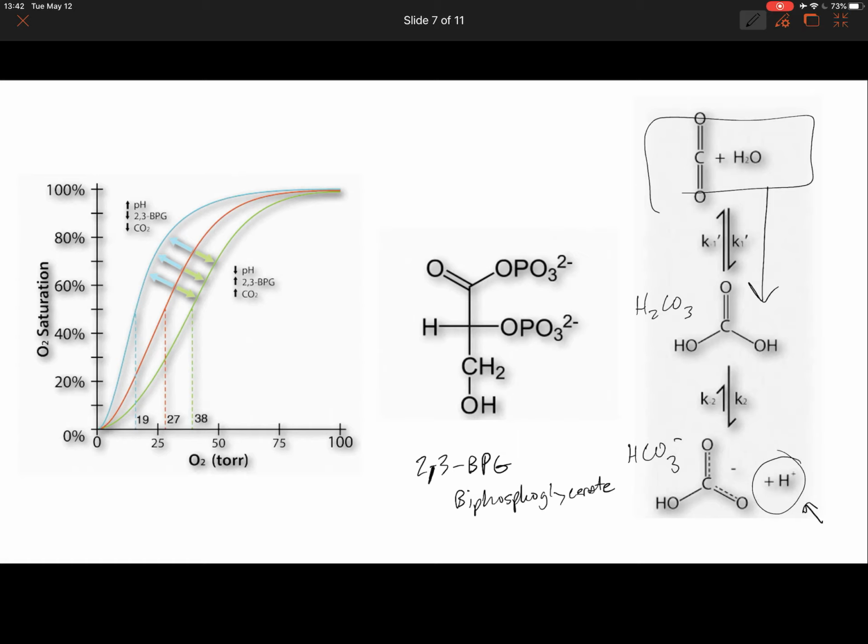These are going to affect the structure of the hemoglobin.